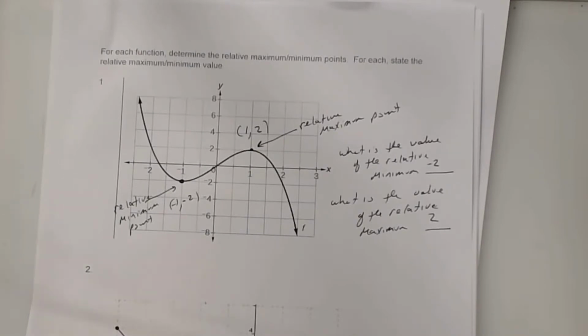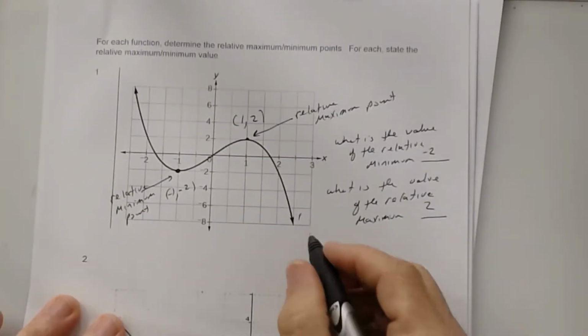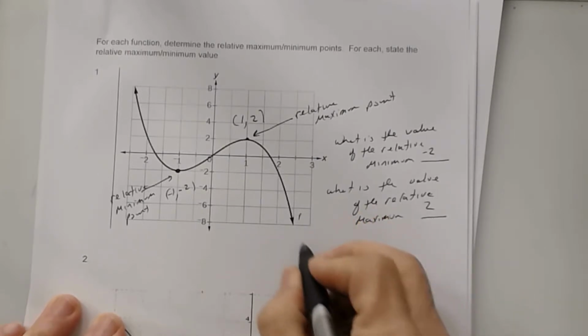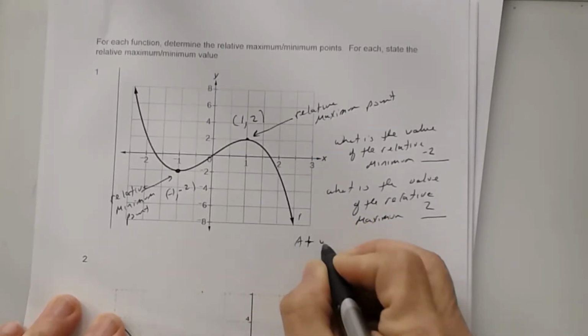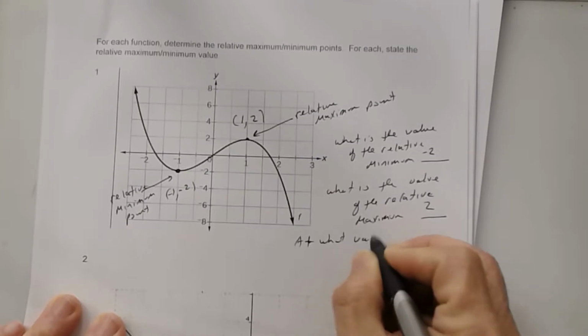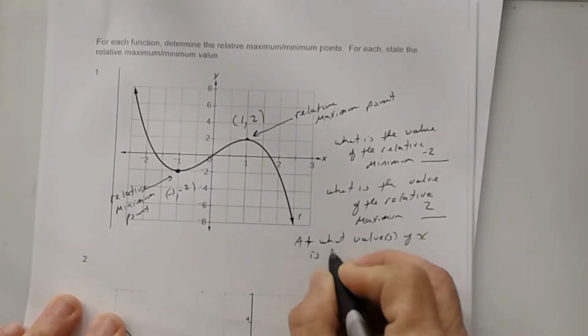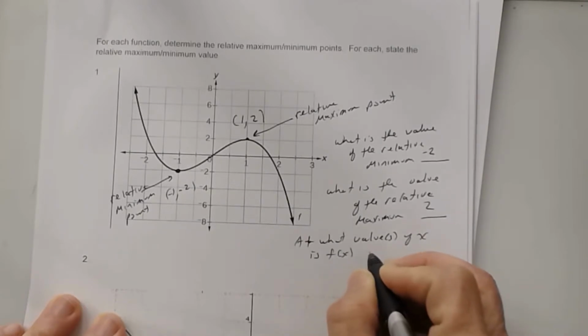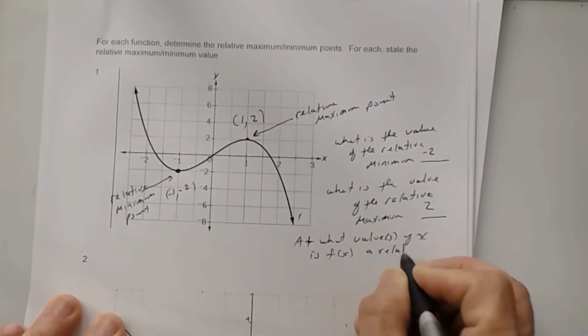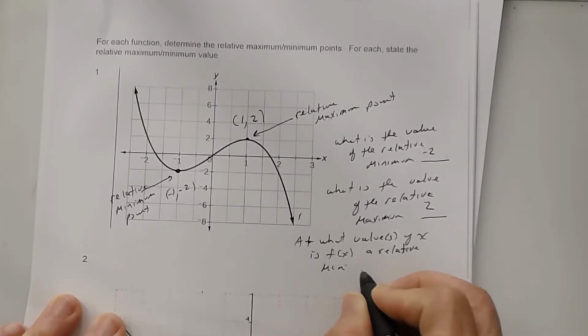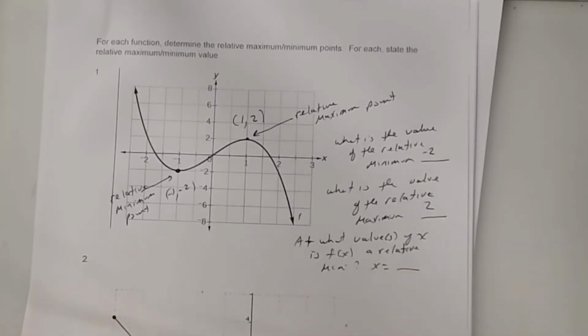Your worksheet, though, says like this, though. It'll say, for this example, it'll say something like, at what values of x is f of x a relative min? So you can say x equal what?